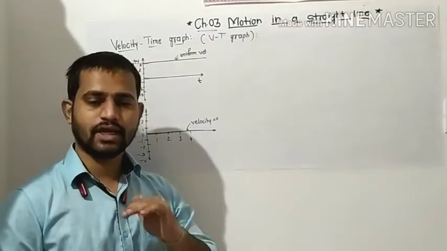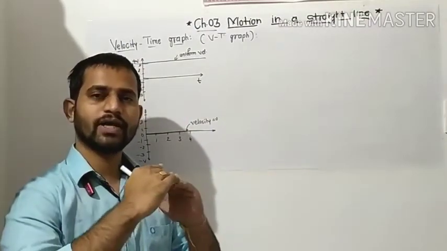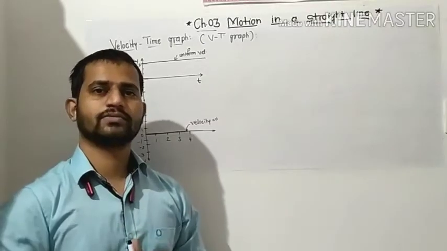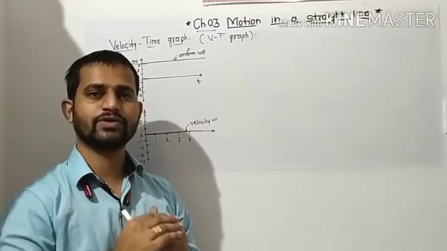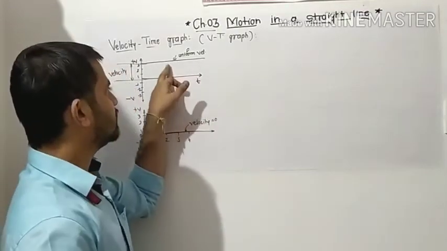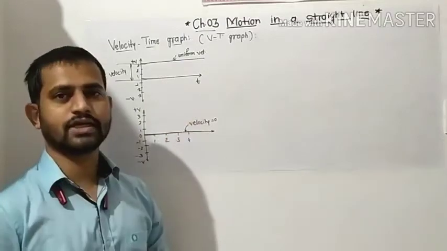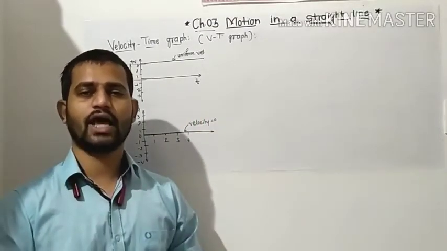It means that as time goes on, the velocity stays the same. The line is parallel to the x-axis, or we can say the time axis.